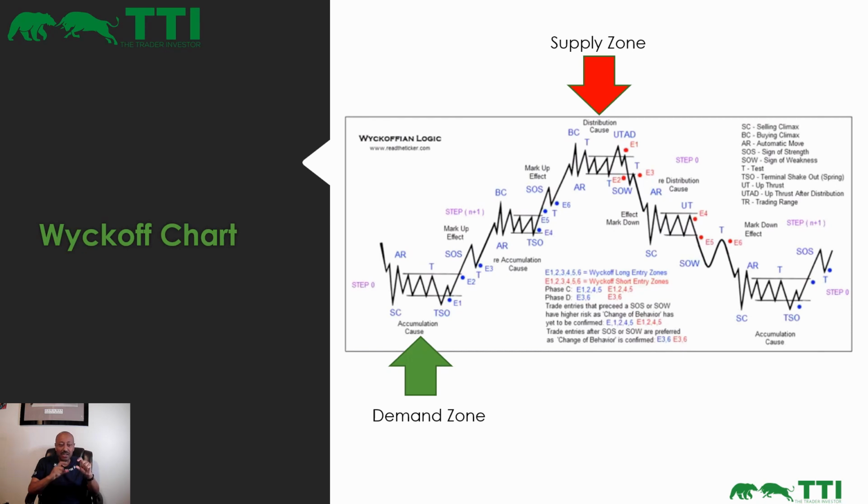The volume of demand is much greater in the accumulation phase, and price is going to go up. And the supply zone is where the volume of supply is much greater than the demand, so price is going to go down.